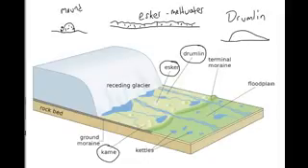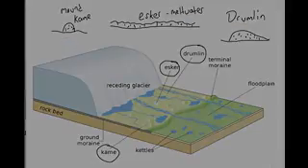So here we have a rounded mound, and this is a kame. Here we have an esker, which is a long winding ridge that forms in the meltwater channel of a glacier. And here we have a drumlin, a teardrop-shaped deposit of glacier material that you find on the outwash plains of glaciers.